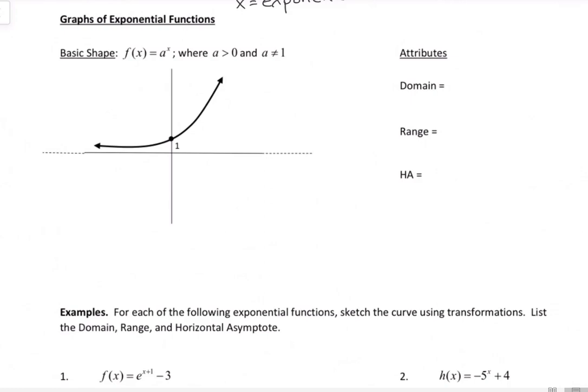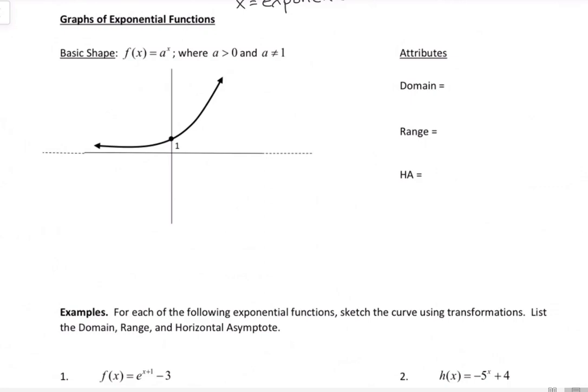And we worked off of a basic shape to get a transformation drawn. So there is a basic shape for an exponential function, which you can see on the screen. This basic shape is what we're going to use to do our graphing of exponential functions. So let's start and talk about what this basic shape consists of.